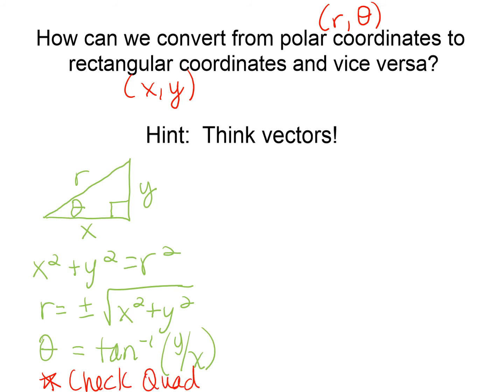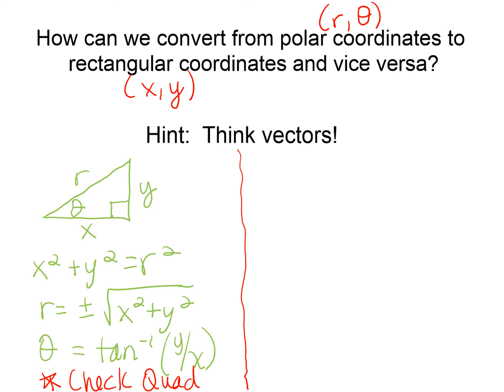Because sometimes it's going to give you an angle in the wrong quadrant because of our domain restrictions for our inverse trig function. So you have to remember to make sure you check that. All right, so that's if I give you x and y, how you can find r and theta.